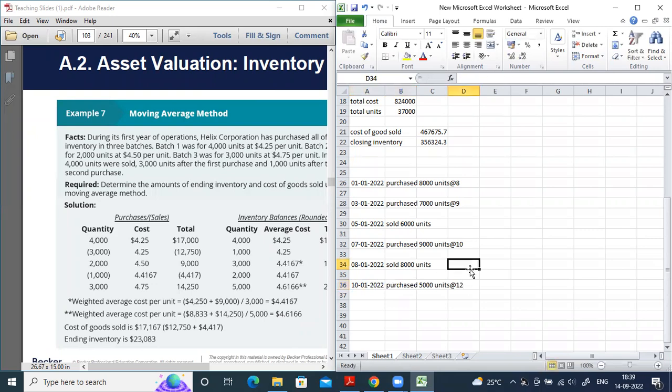Now by using moving average, you need to compute the cost of goods sold and you should compute the closing inventory.